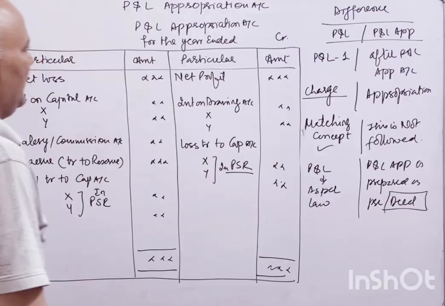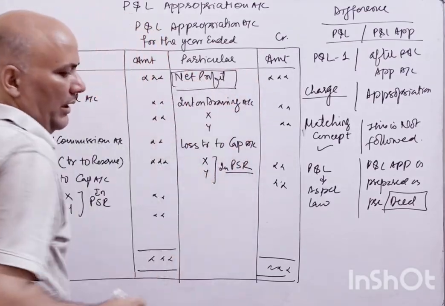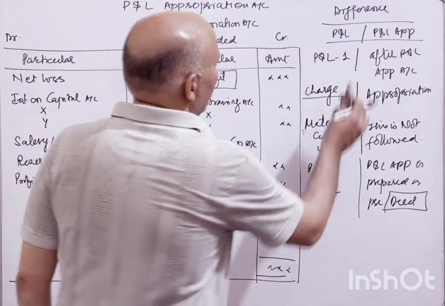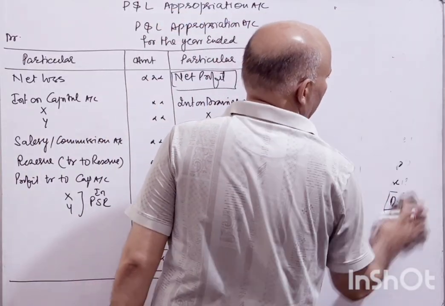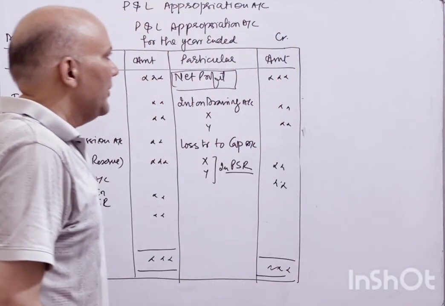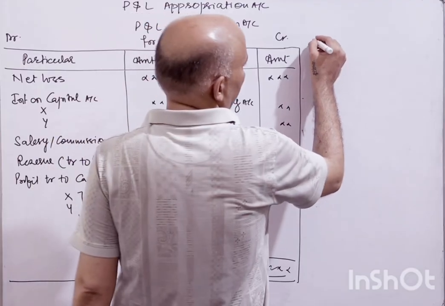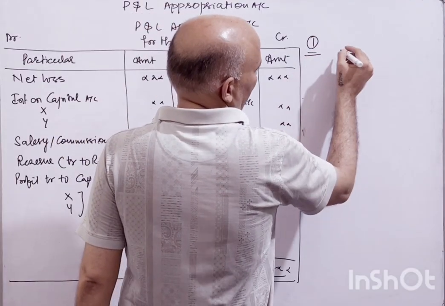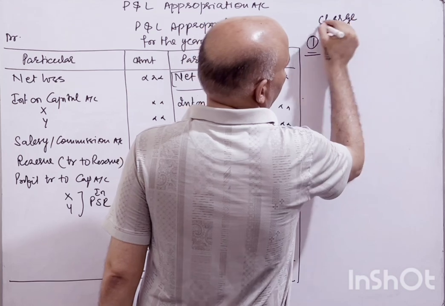Now three things you have to keep in mind. ठीक है, ये जो net profit है, net profit is the profit which is coming from profit and loss account. Sometimes what happens in the question, you are given that interest on loan, rent and salary etc. to the manager. So three things you always keep in mind, right? They are charged.